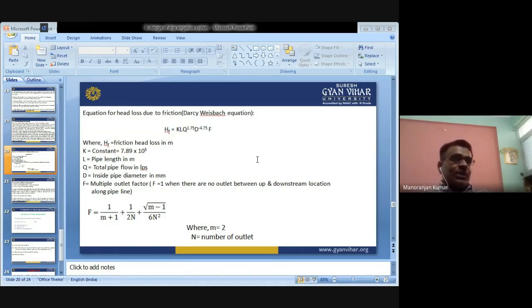Otherwise you can calculate F as 1 upon m plus 1 upon 2n plus square root of m minus 1 divided by 6n square, where m is equal to 2 and n is the number of outlets.